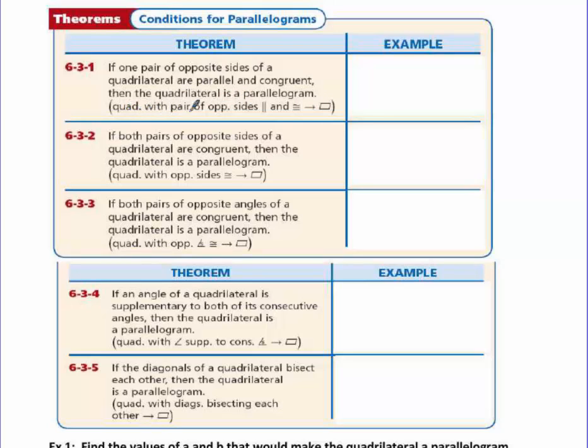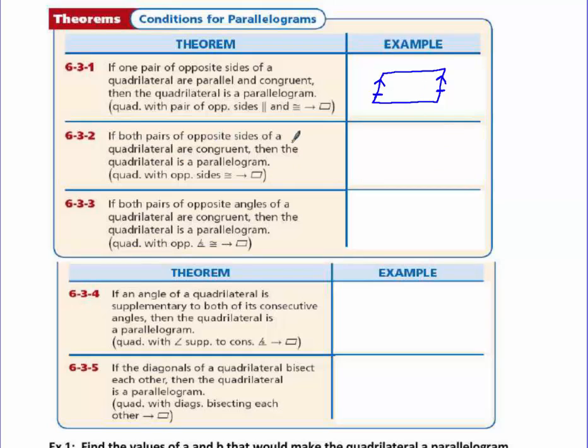So we need a quadrilateral with a pair of opposite sides that are parallel and congruent. So if you're drawing that, that's going to look like this, and it's going to have one pair of opposite sides that are parallel and congruent. So when you see that, you know that you're dealing with a parallelogram, even though you don't know anything about the other sides or the other angles.